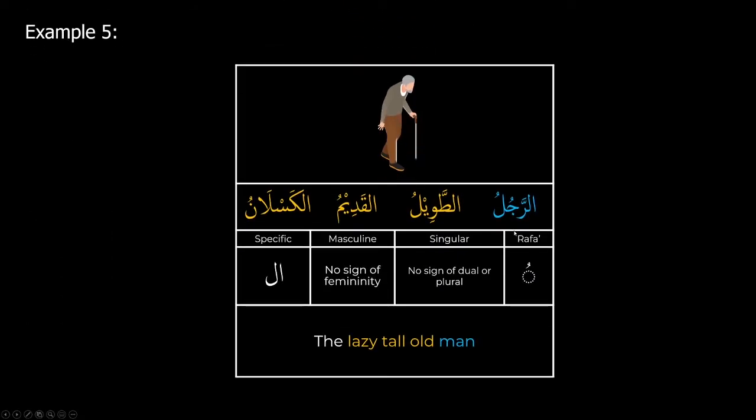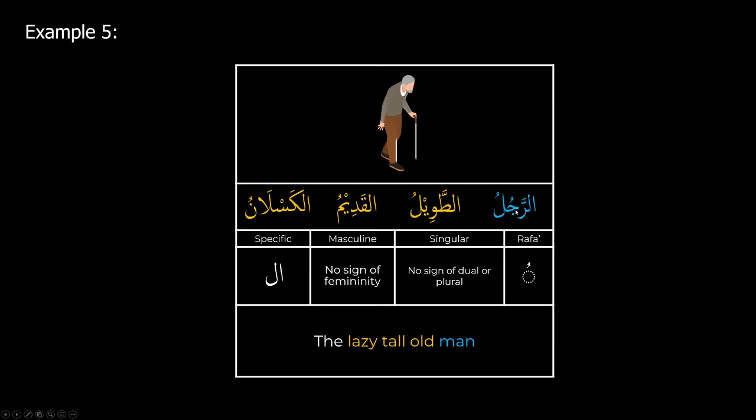Okay, next up we have الرجل الطويل القديم الكسلان. So this is an example where we have multiple sifas for one mawsuf. Again, same principle, we gotta check if all four properties match between the mawsuf and the sifa. So we know that all of them are specific because all of them have an al at the beginning.